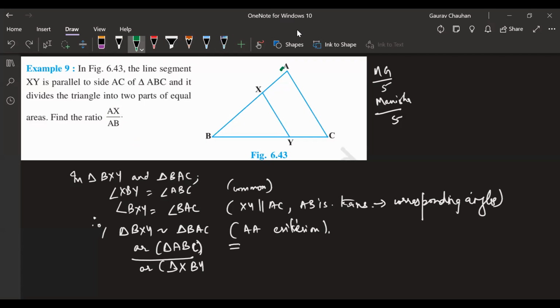So I'm going to write AB by AX whole square, AB by XB whole square. Just to bring this to your attention, this is one triangle and this is a bigger triangle, so their areas are in the ratio of the square of their corresponding sides. So I'll take bigger one's square by smaller one's square. This is coming from the previous theorem which we just proved earlier. That gives me AB by XB whole square.